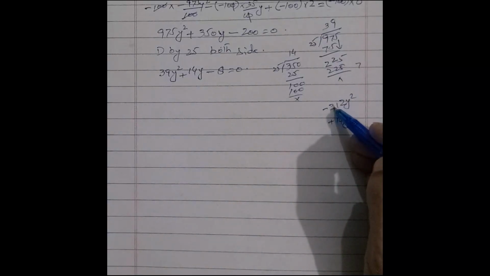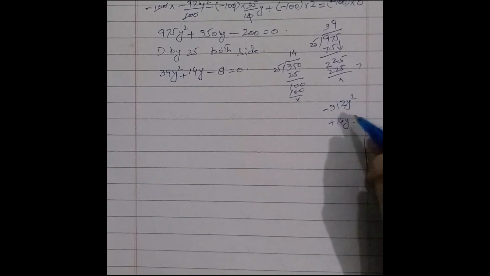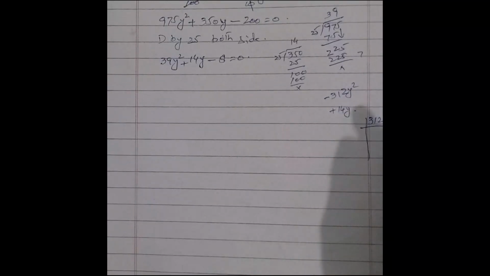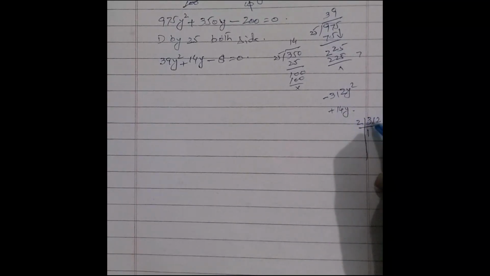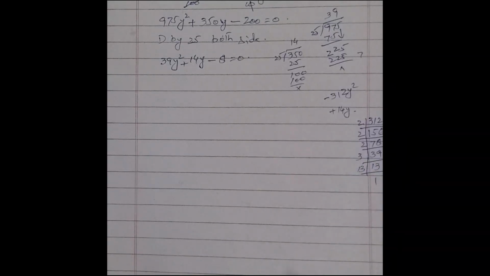So we factorize 312. We factorize 312 by dividing by 2: 2 ones are 2, 2 sixes are 12, 2 sevens are 14, 2 eights are 16, again 2, 2 threes are 6, and the next is 3, 13, and 13 ones. So these are the factors of 312.